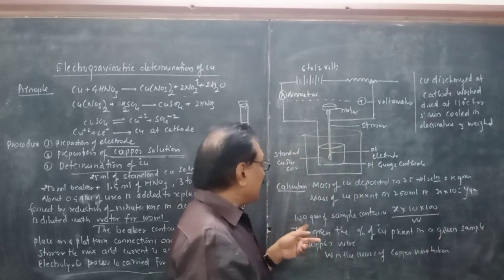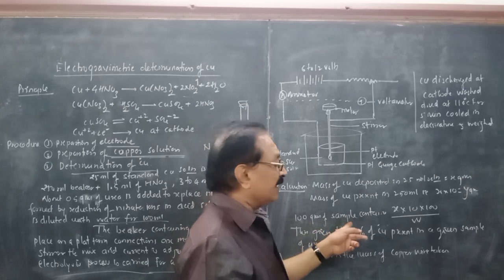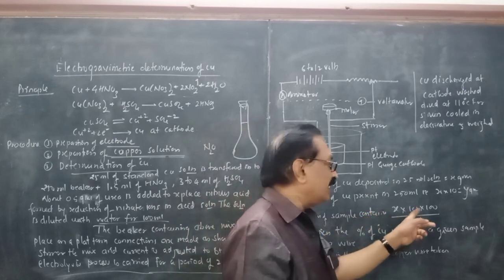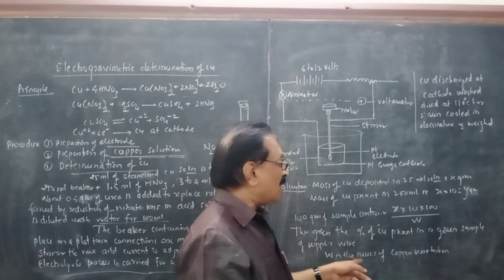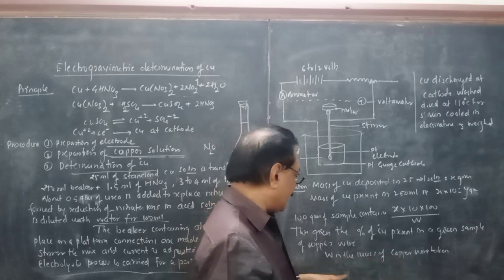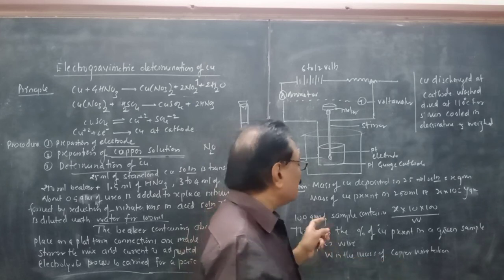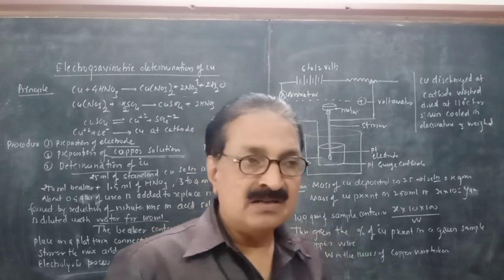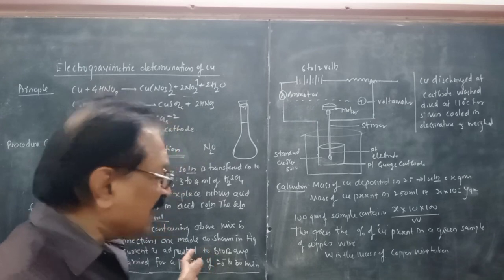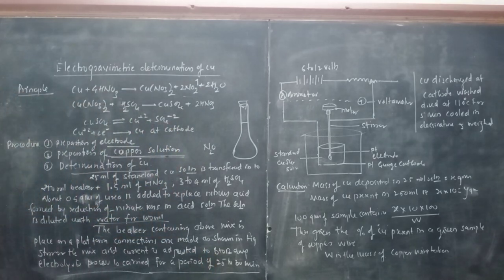Then 100 grams of the sample contains x into 100 into 10 divided by w. Here w is the mass of the copper wire sample taken, and this gives the percentage of copper present in the given sample. This is one method of determination of copper by the electrogravimetric technique.